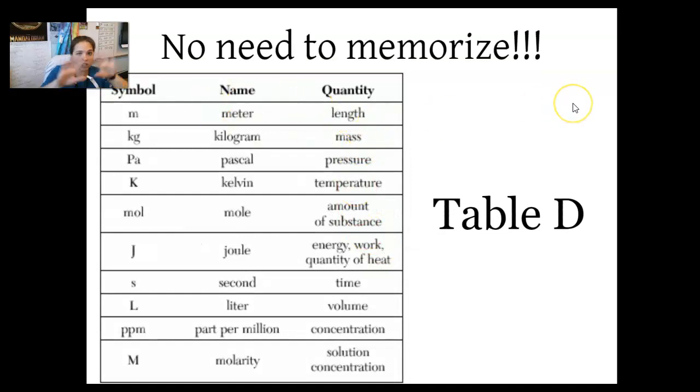Okay, so we don't need to memorize all of these symbols and what they mean, because on Table D we have your M for meter, and it tells you it's the length. These are the base units. Kilograms is mass, pascals is pressure, Kelvin is temperature, mole is the amount. Joules is the energy.